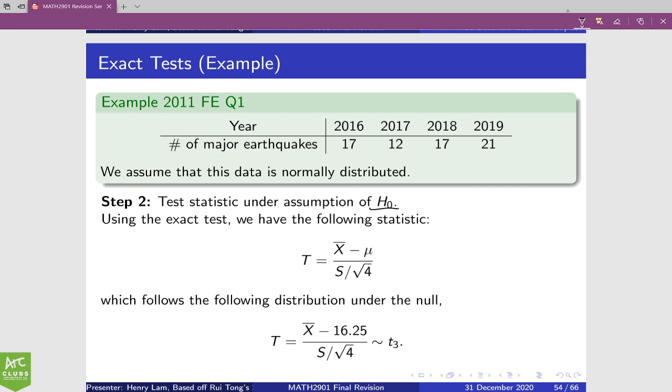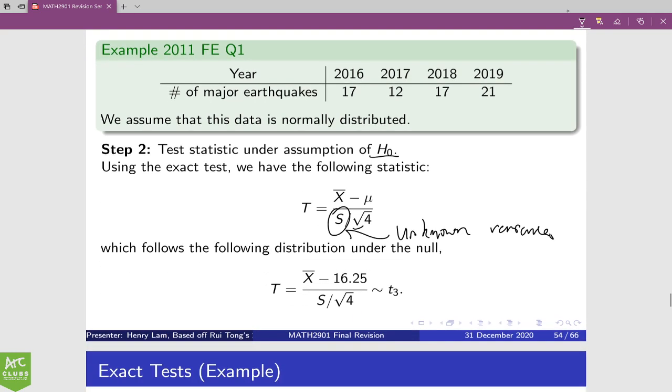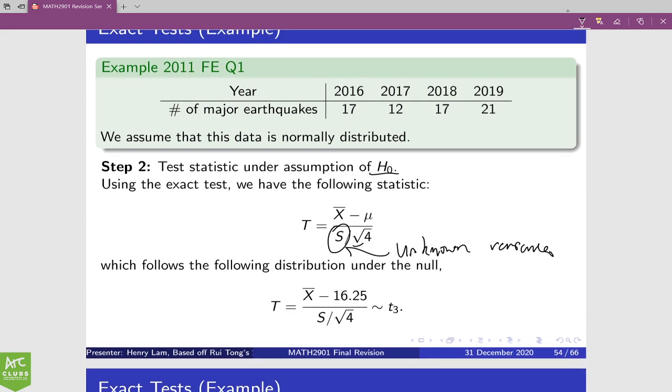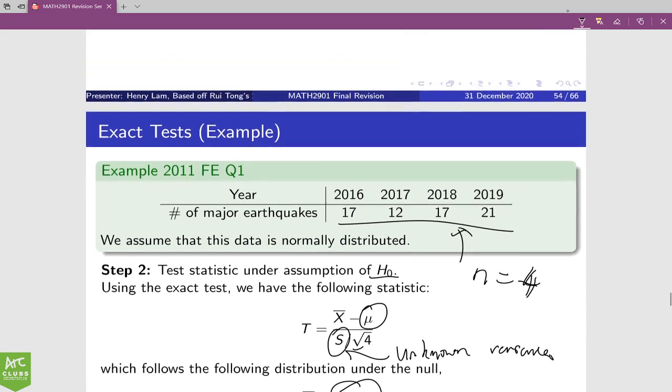Since they don't tell you the true value of the variance, you can only estimate it based on the data, so you're going to use S, unknown variance. And just like the standard confidence intervals, the distribution is T n minus 1. There are 4 observations, so n equals 4, and this is T n minus 1, which equals 3. Notice we're doing this under the null, so mu becomes 16.25, because that's the null assumption.